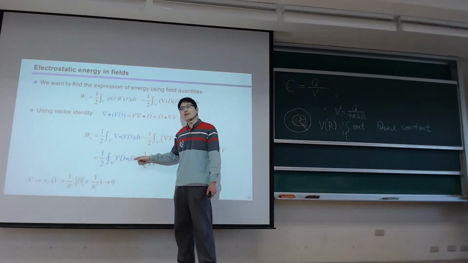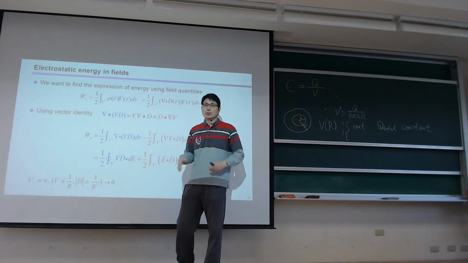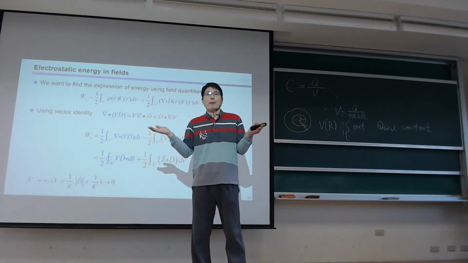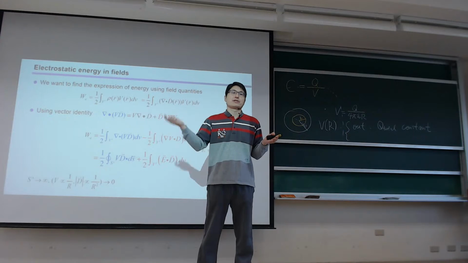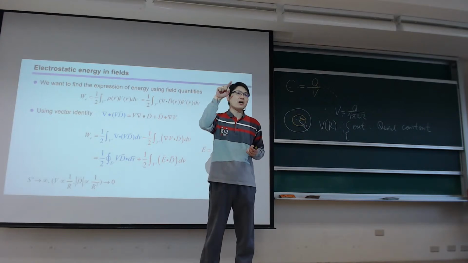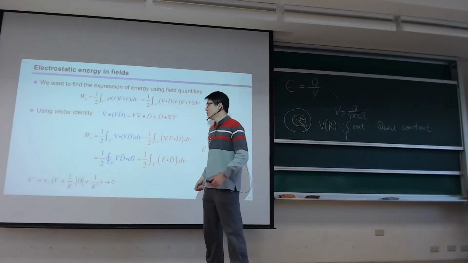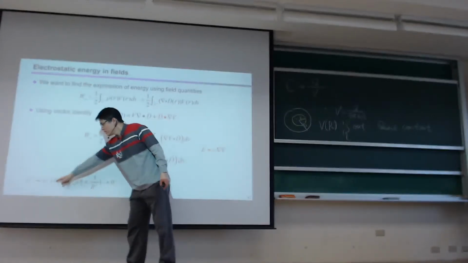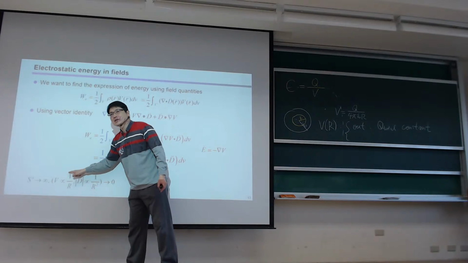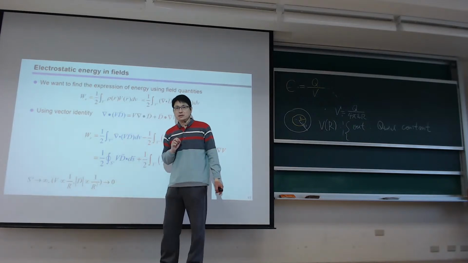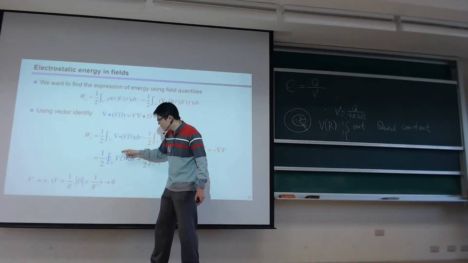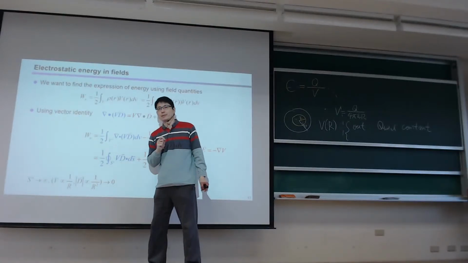Why? If you have a very big sphere, we know the surface is 4 pi r squared. So the surface has an r squared dependence, right? But to our knowledge, electric potential is 1 over r dependent, while this D is 1 over r squared dependent.